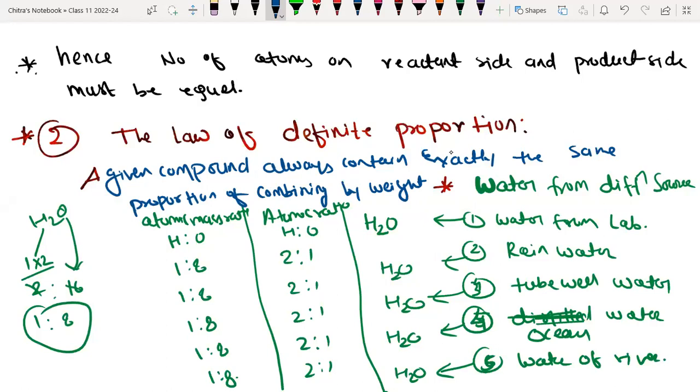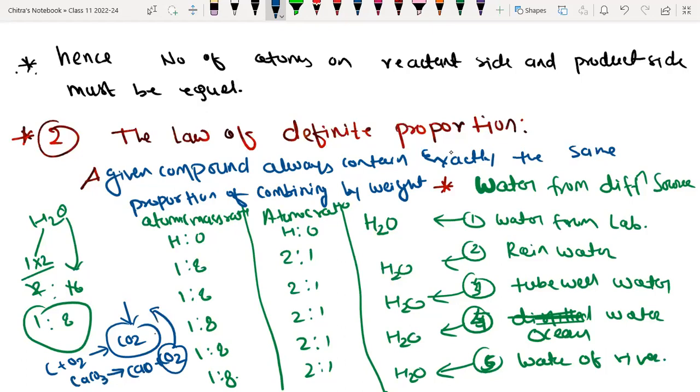You can have a different example also. Suppose we are burning coal in the presence of oxygen and we are getting carbon dioxide. So this source is from the coal. Suppose we are dissociating calcium carbonate CaCO3, so we will get CaO plus again carbon dioxide. So we have the same compound, carbon dioxide, but from different sources.